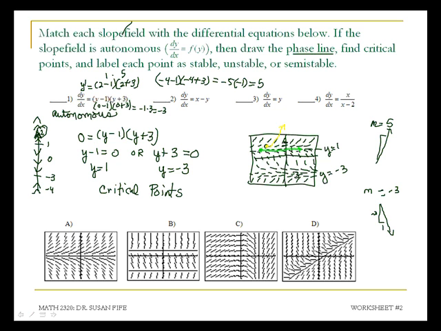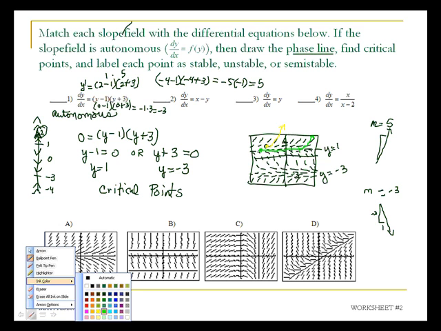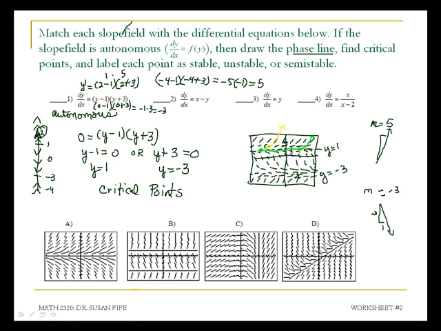And so this might decide to head up at any point if it's not exactly on y equals 1, or it might decide to head down. Because at y equals 1, these forces are pulling the line in two different directions.